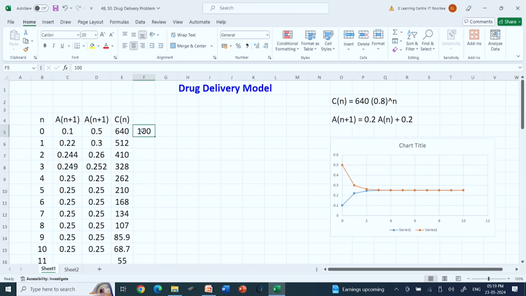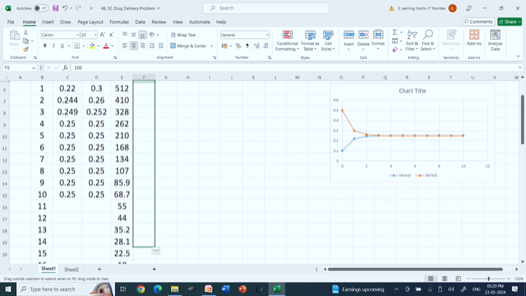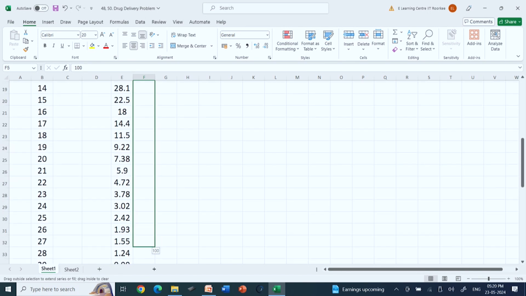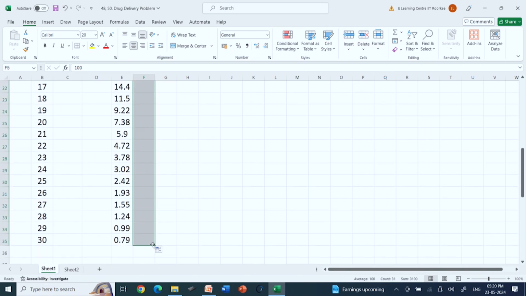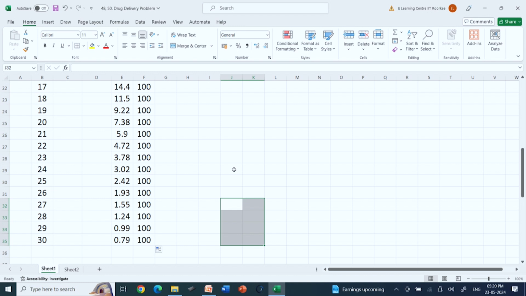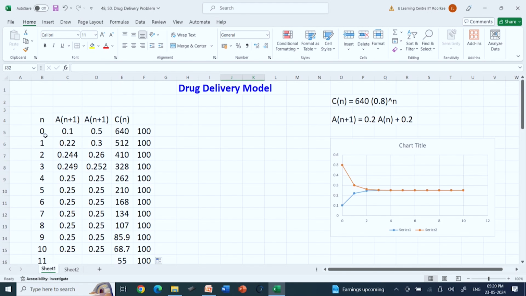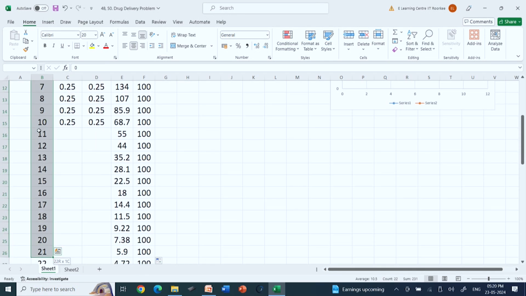Now, this is 100. I keep it a constant value 100 because I need a straight line. So, all of them are 100. Now, let me plot this. This is 0, I highlight till 30 values.